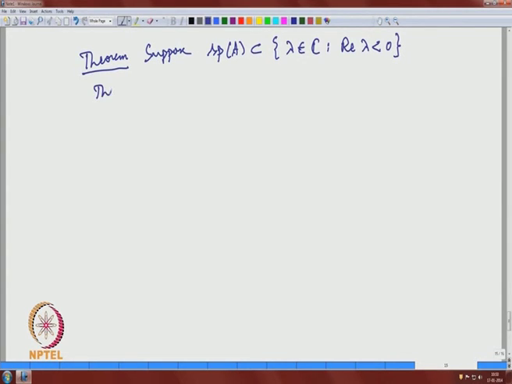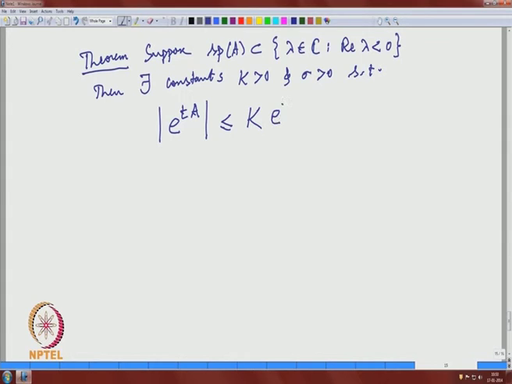So, then there exist constants K positive and sigma positive such that the matrix norm of e to the tA is less than or equal to K e to the minus sigma t for all t.